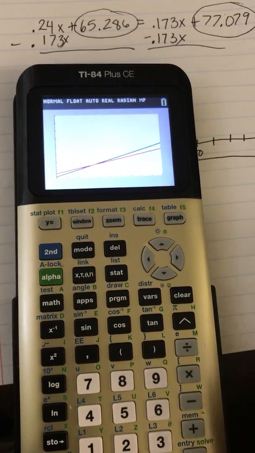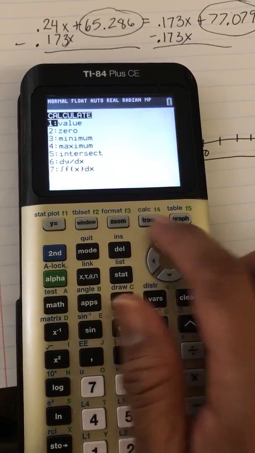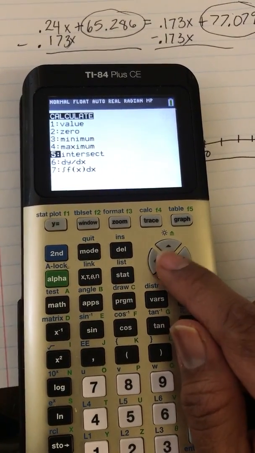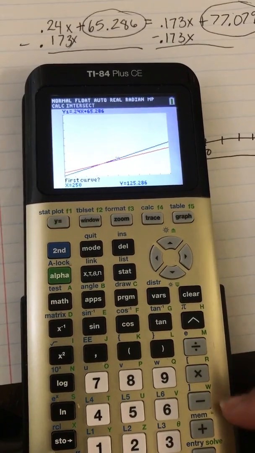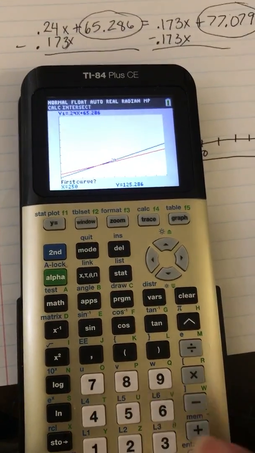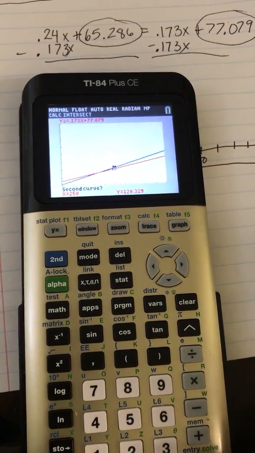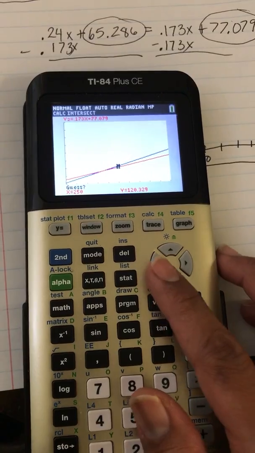Now I'm about to calculate the intersection by going to second trace, which is calculate, the intersection, number 5, click enter. It asks you first curve, and it's already on your first curve, y1. So click enter. Second curve, it goes to your second curve, so just click enter, and they ask you to guess.